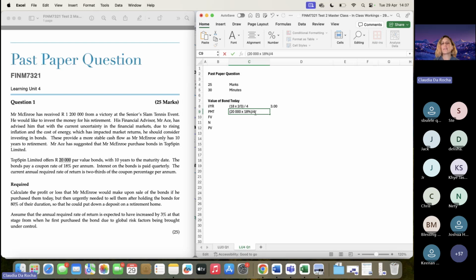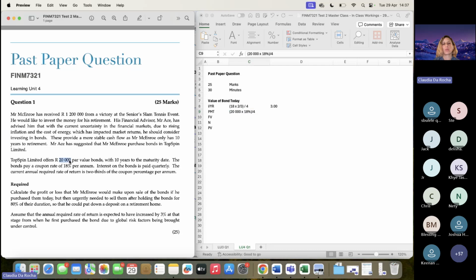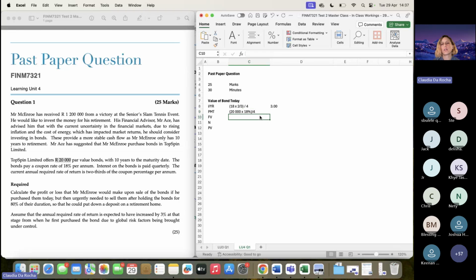Why? Because that is how much I'm getting paid each quarter. Okay, if I just use the 20,000, I'm using an annual rate. Okay, so if I use the 20,000 and I don't divide, I'm using an annual rate. I need the quarterly one. Okay, so if I calculate that, I'm going to say 20,000 times the 18%, and I'm going to divide this by 4. So I get 900.